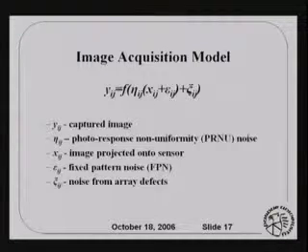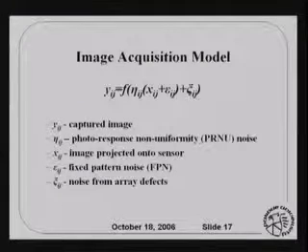Our focus is with the noise. As with any other sensing device, these CCD or CMOS sensors also have some noise incorporated with them. Here in this model, X_ij is the value of the ijth pixel of the original scene which we want to capture, and eta_ij is the photo response non-uniformity noise.